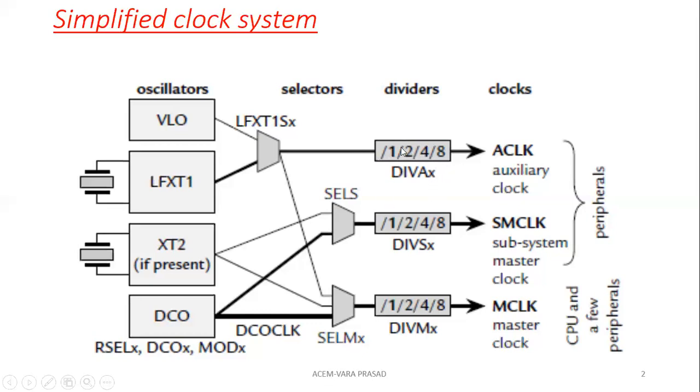That means whatever frequency the oscillator generates will be divided by different values, either 1, 2, 4 or 8, for generating different frequencies for different modules or peripherals. We'll study them one by one.